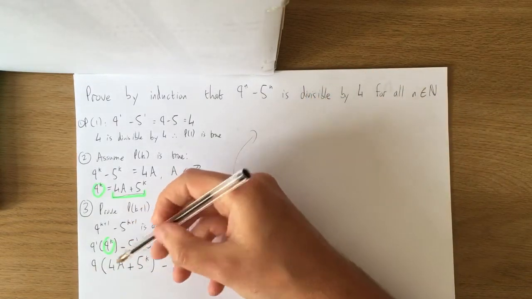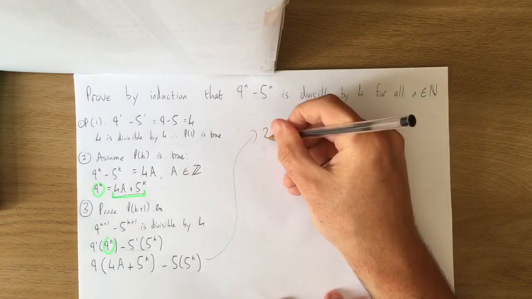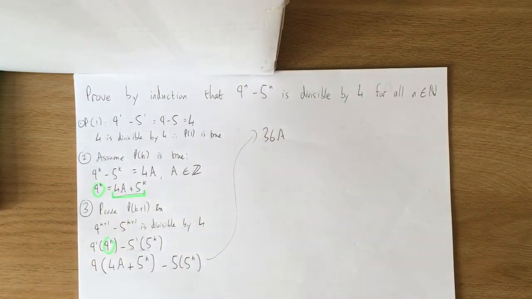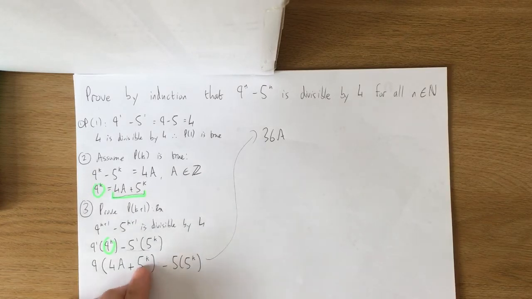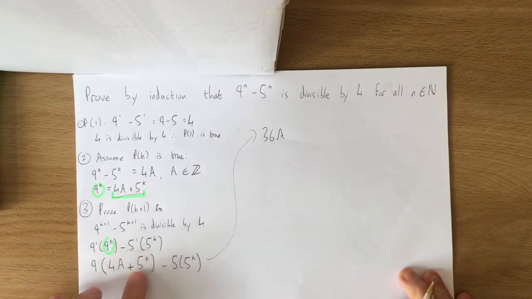So multiply your 9 in. So 9 times 4a is 36a. Just be careful here. 9 times 5 to the k is not 45 to the k. Okay, this is raised to some power. So you would need to evaluate that first before multiplying by 9. So that is not 45 to the power of k.